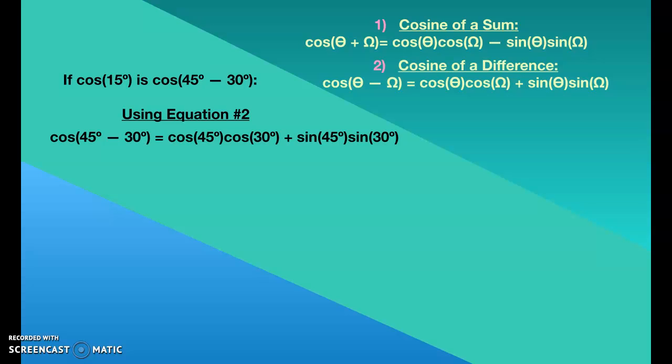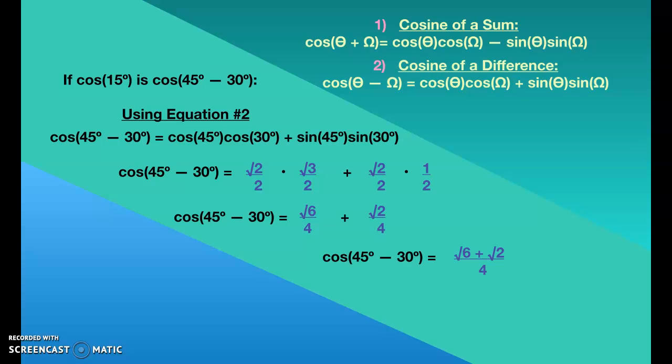Now, we know cosine of 45. We know cosine of 30. We know sine of 45 and sine of 30. So if you multiply both sets, you're going to get that on the left and that on the right.